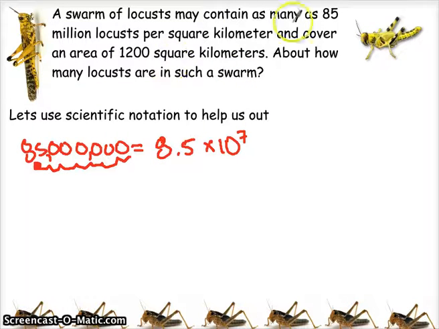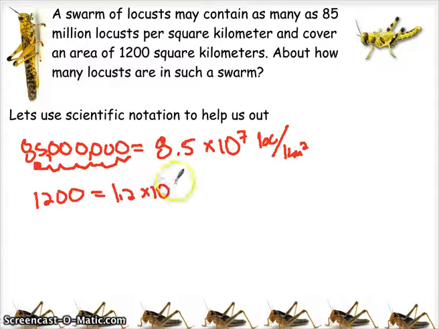Well, if they can cover 85 million locusts per square kilometer, right? And they can cover 1,200, right? Or 1.2 times 10 to the third, right, square kilometers.